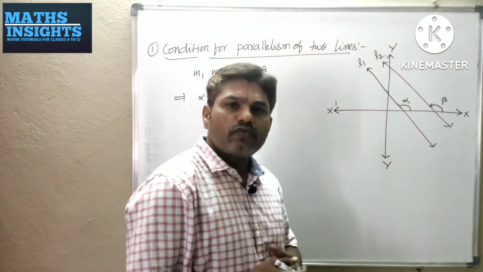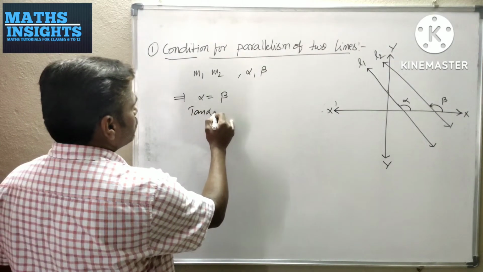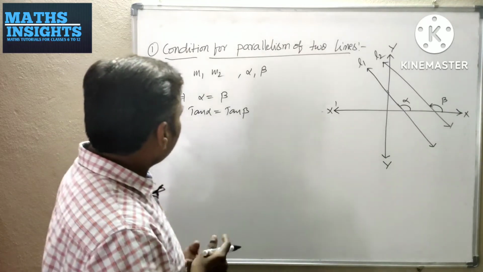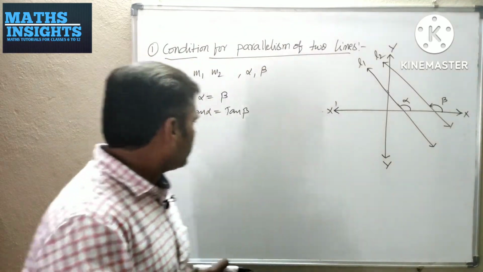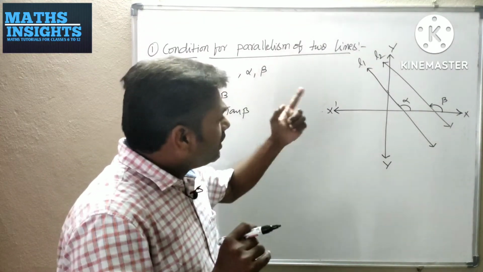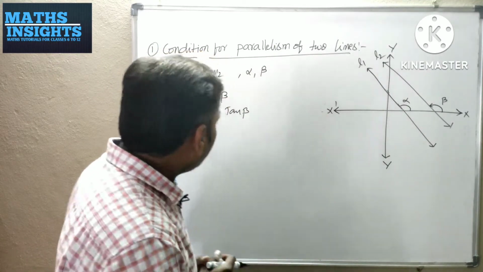When alpha is equal to beta, we may apply tan on both sides. Tan alpha is equal to tan beta. You know very well that tan alpha is the slope of the line L1 and tan beta is the slope of the line L2.